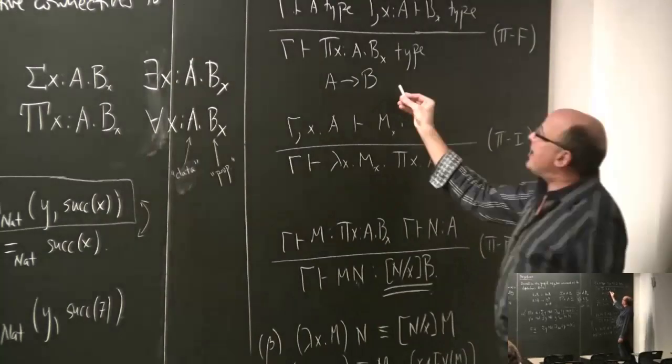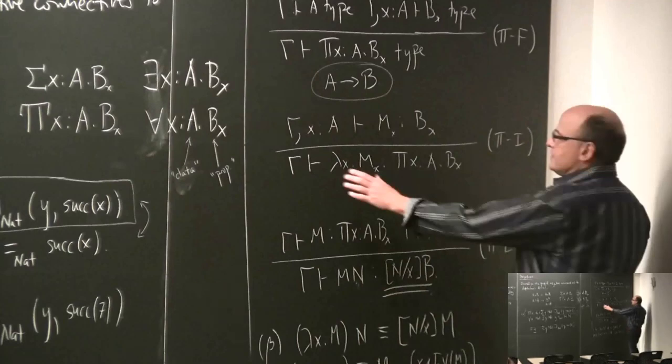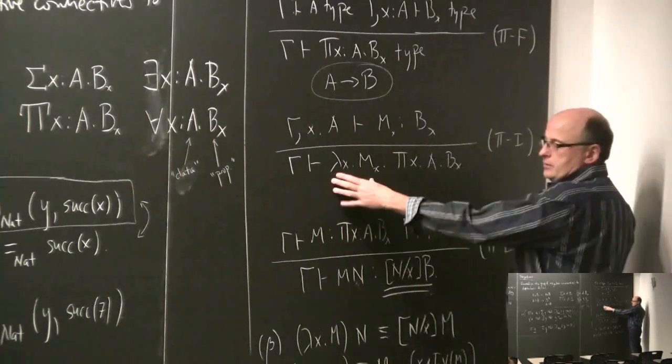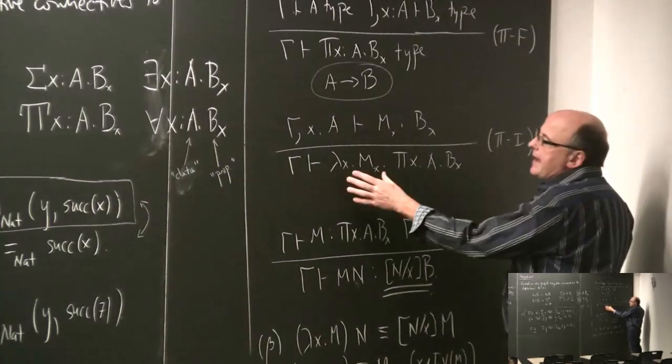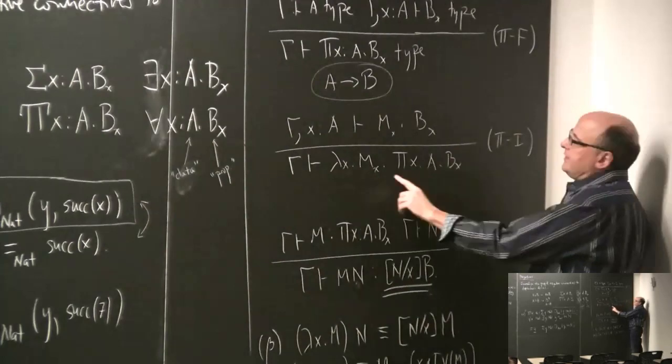So the point is that the elements of the big product of a family of types are functions, and that interpretation is necessary because it's expressing quantification.